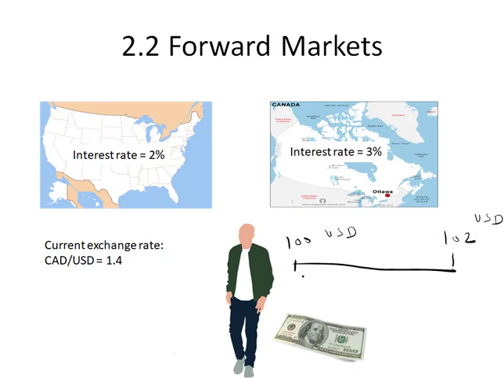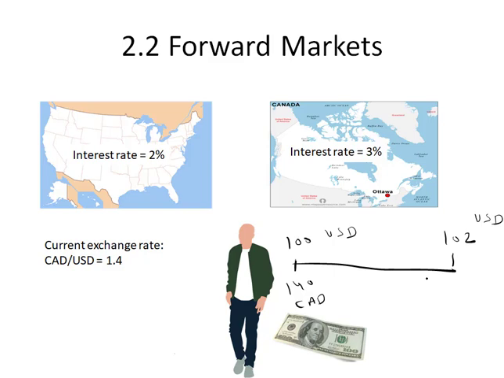Or what he can do is convert these 100 US dollars into Canadian dollars now. If he does that, he will get 140 Canadian dollars and then invest this money at the rate of 3%. So then it will be 140.